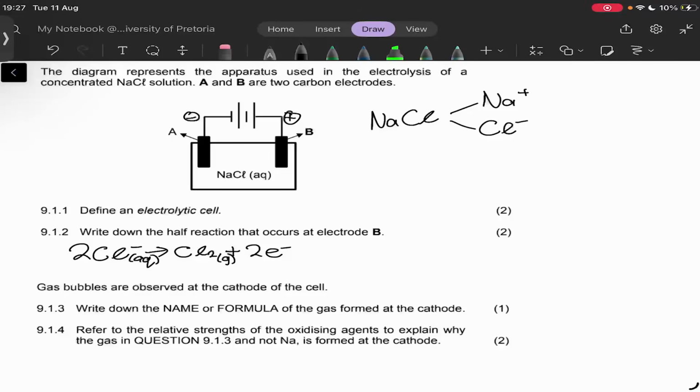Let's now go to 9.1.3. Or rather, let's decide now. Is electrode A or B? Or tell me in the chat, which one's the anode, which one is the cathode?